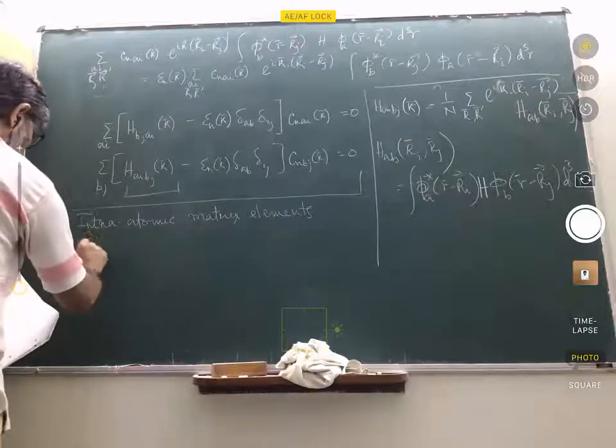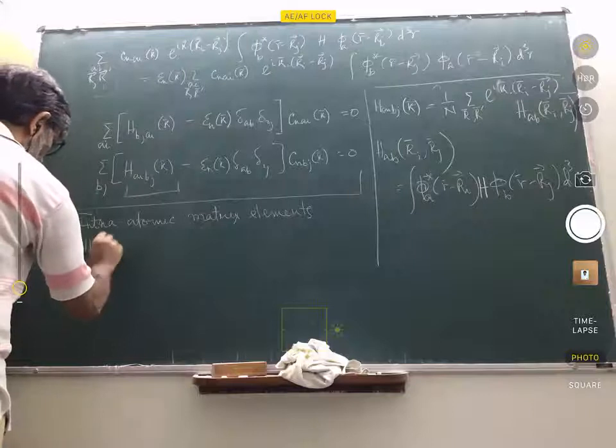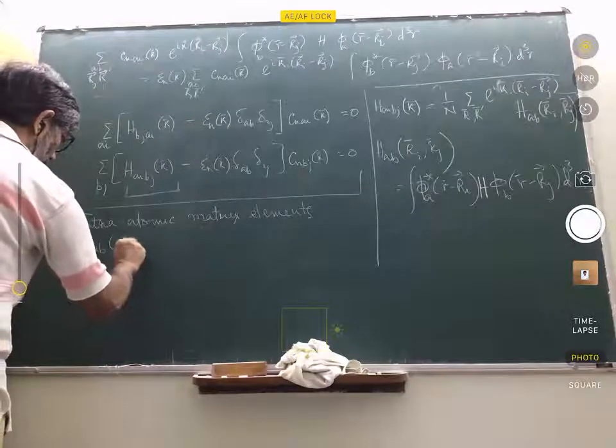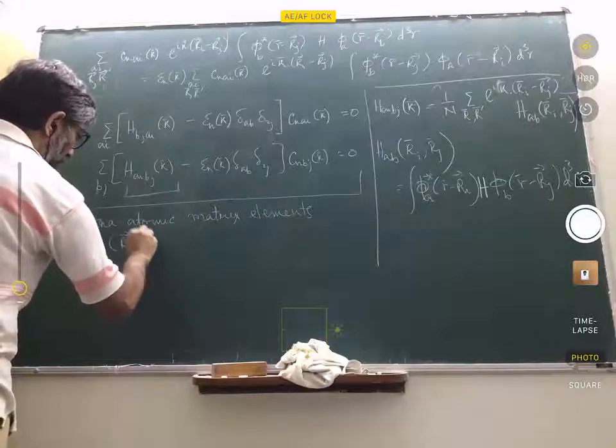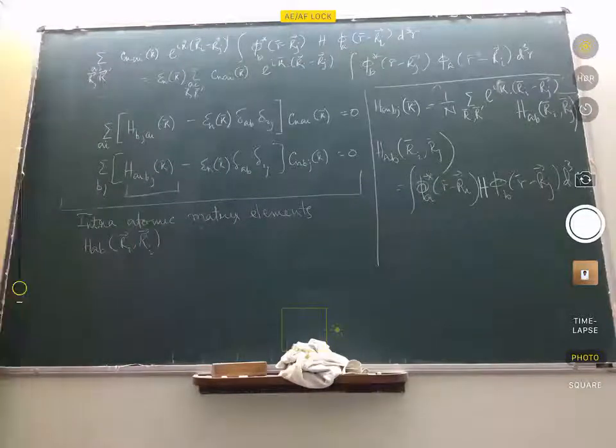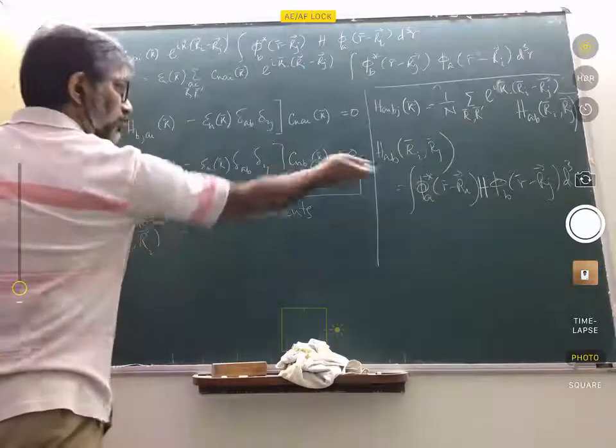So H_AB at Ri is what I'm looking at. I'll write that.